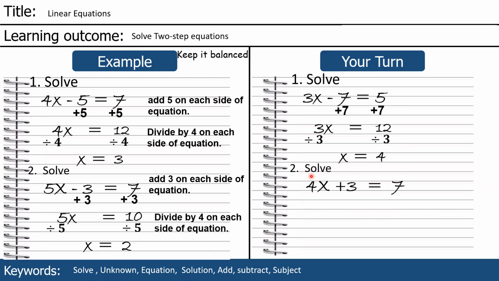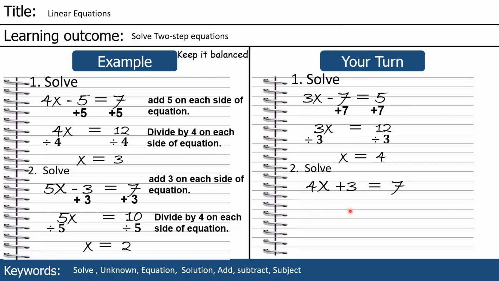So let's try the second question. Here we have x multiplied by 4 add 3 is equal to 7. The last operation that was done to x is add 3, and the reverse of add 3 is subtract 3.